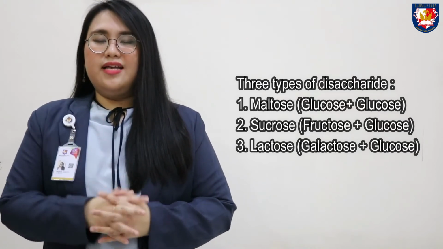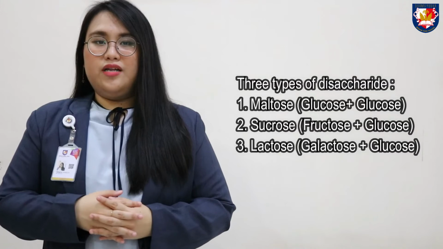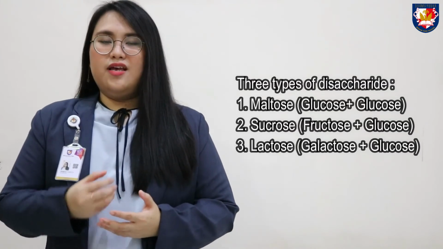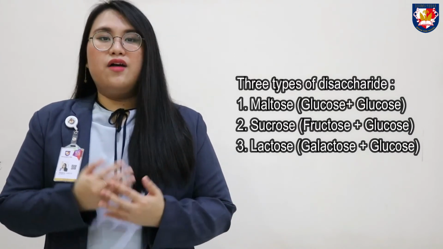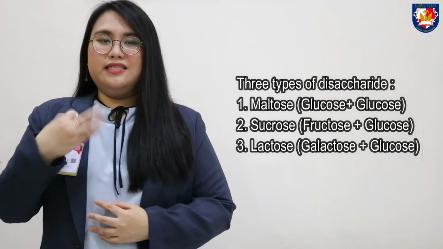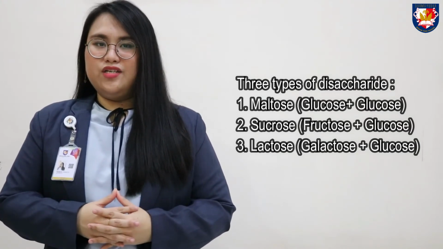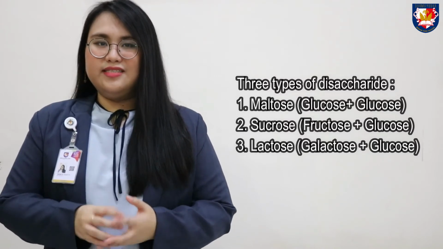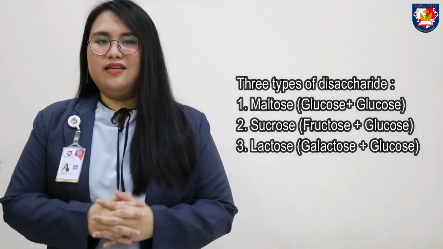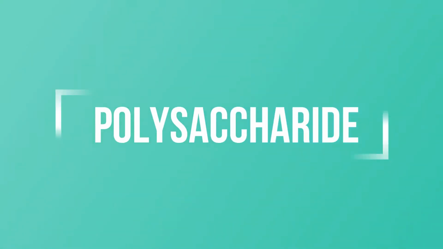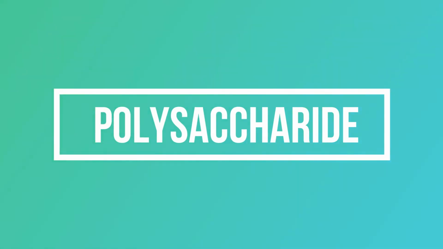The second one is sucrose, which is the combination of glucose and fructose, mostly found in fruits and vegetables. The third one is lactose, which is the combination of glucose and galactose, mostly found in milk. And now the last type of carbohydrate, the polysaccharides.